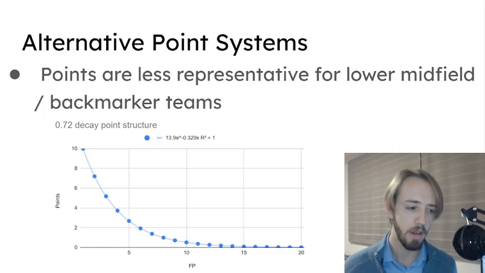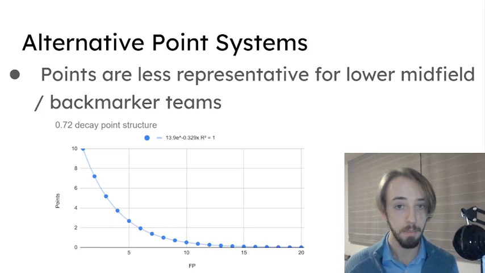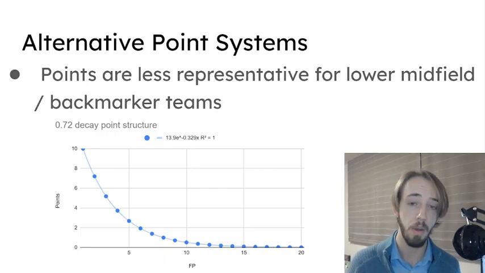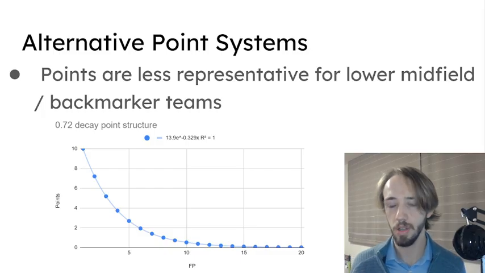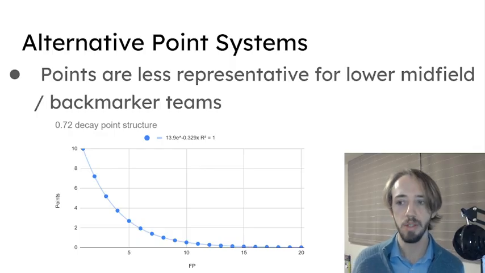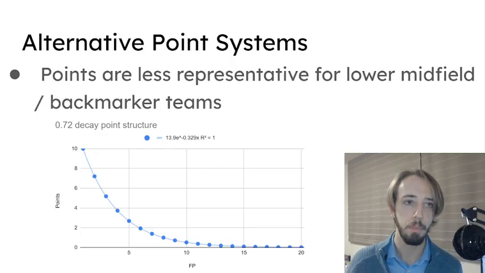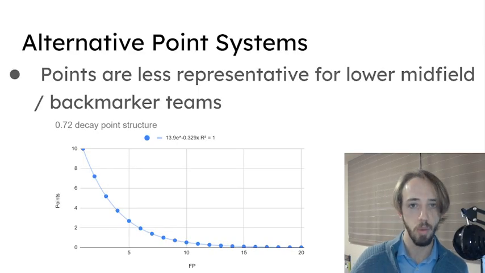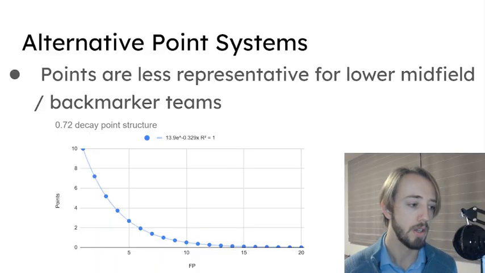That's why I'm planning on implementing alternative point systems simply for the model. Of course, in videos doing statistical analyses comparing teammates, I wouldn't use these numbers because they're kind of meaningless to the average viewer. But I do think that they are a little bit better for assessing lower midfield and back marker drivers.